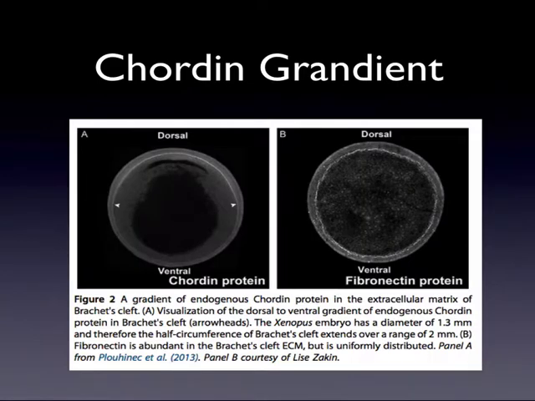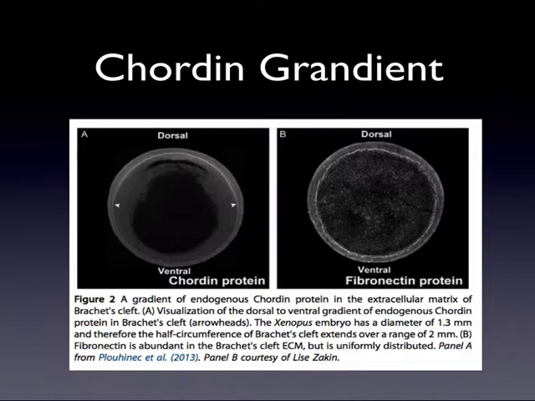So if we look at this, this is a fluorescence micrograph showing a section through a frog embryo, and what you're looking at here is, if you look at that white line that is demarcated by the arrowheads on the left panel, that white line is chordin. All right, so chordin is being expressed, it's being secreted.